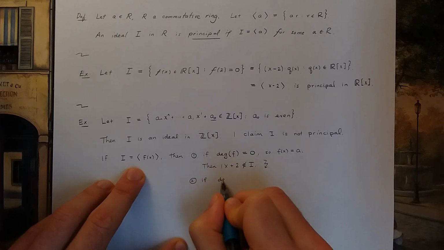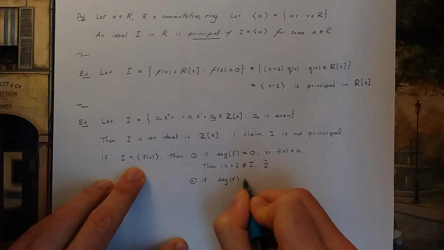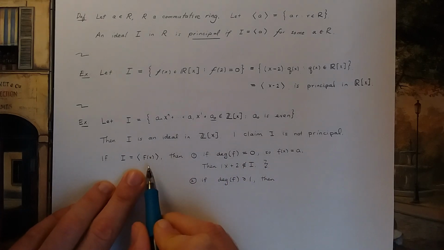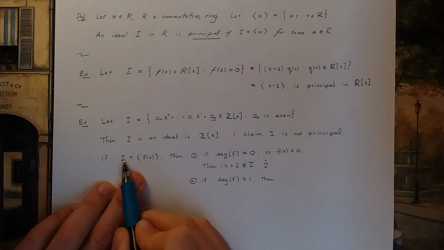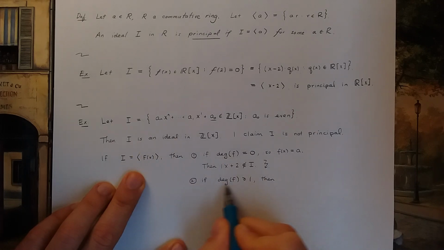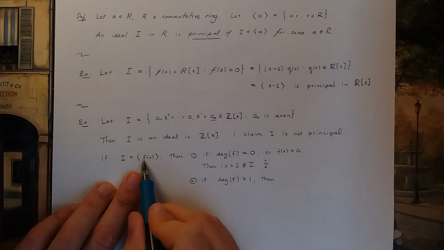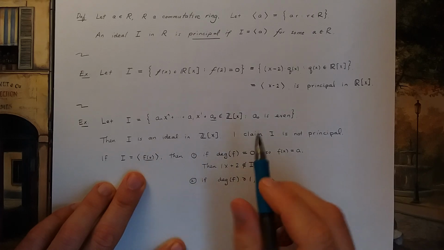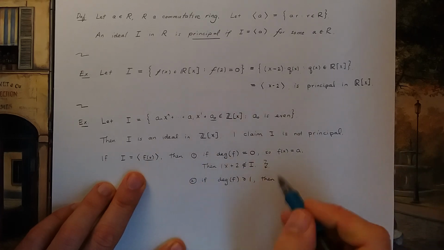If the degree of f was bigger than or equal to 1, that would mean every element in I has degree bigger than or equal to 1. Elements in I look like f times more things. When you take a polynomial and you multiply by another polynomial, the degree could only go up. It can't go down.